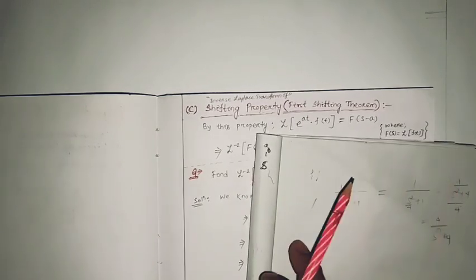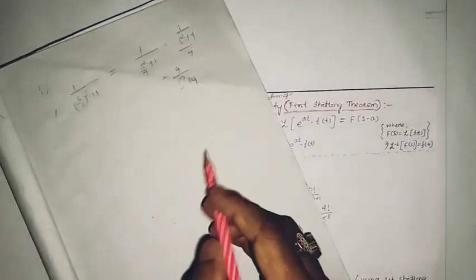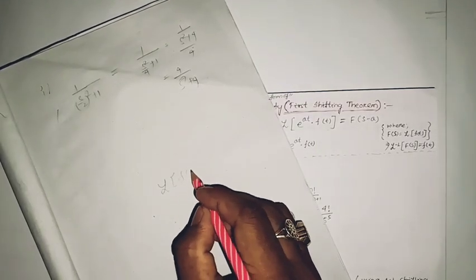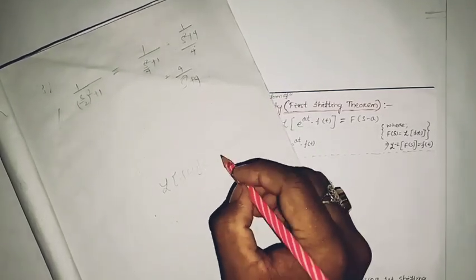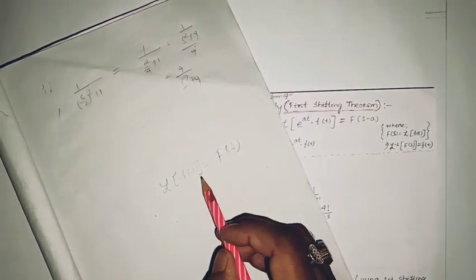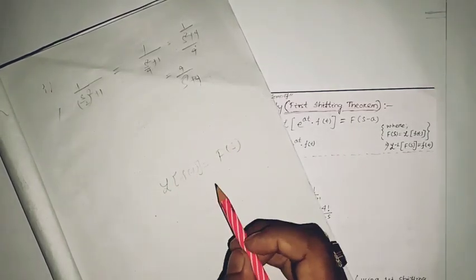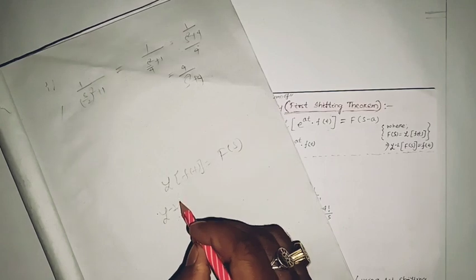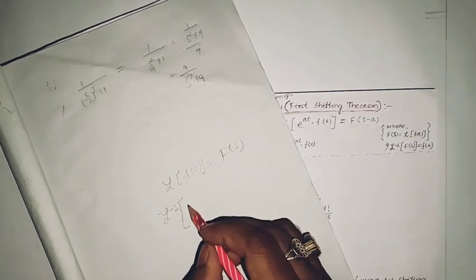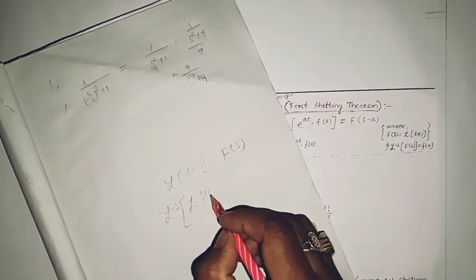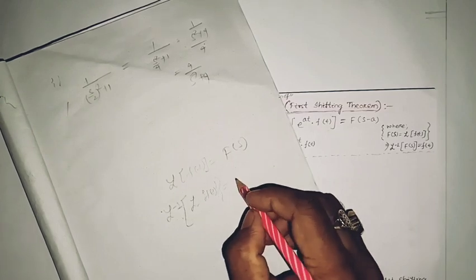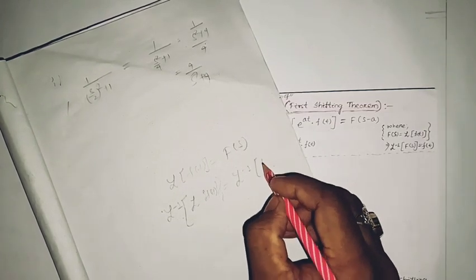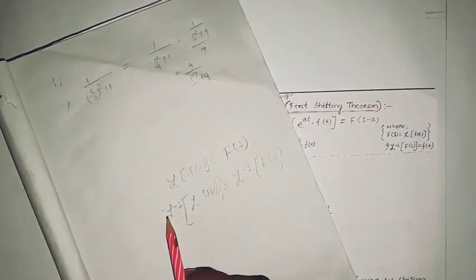See, the Laplace transform of f of t is your F of s. If I apply the inverse Laplace transform on both sides, the inverse Laplace transform applied on the left hand side, and the inverse Laplace transform also applied on the right hand side. So here Laplace, here inverse Laplace.